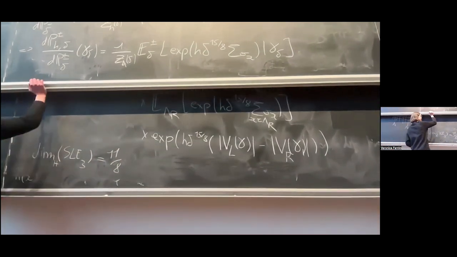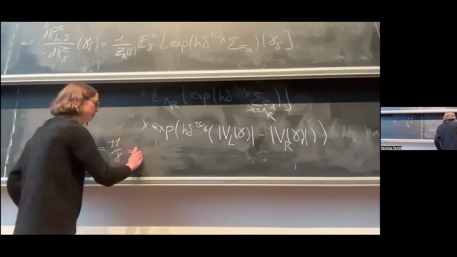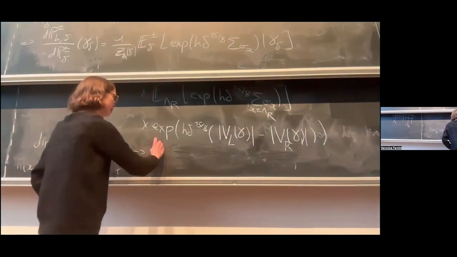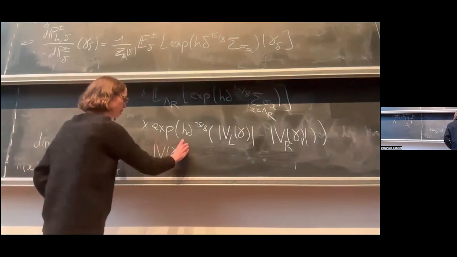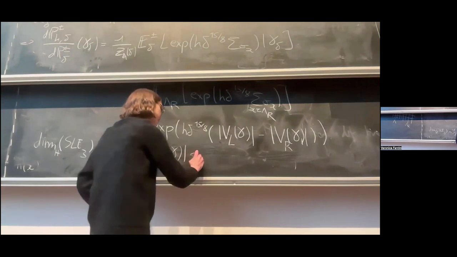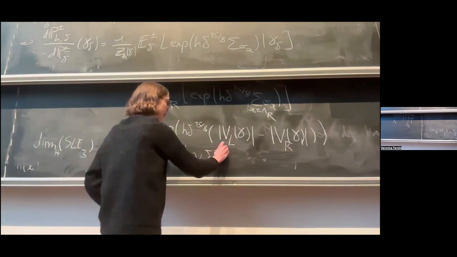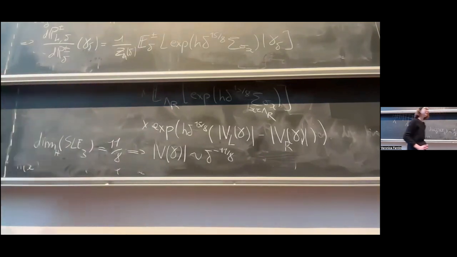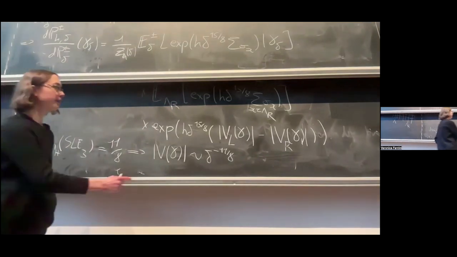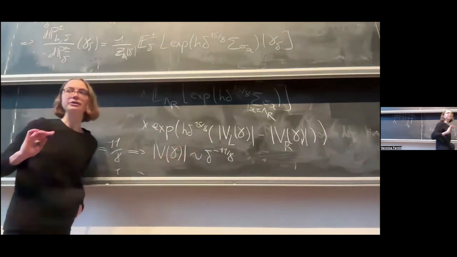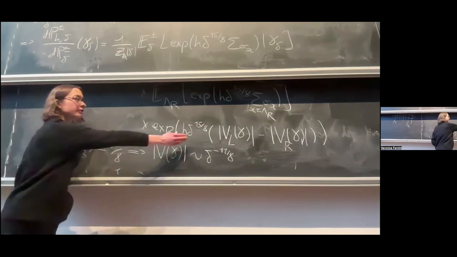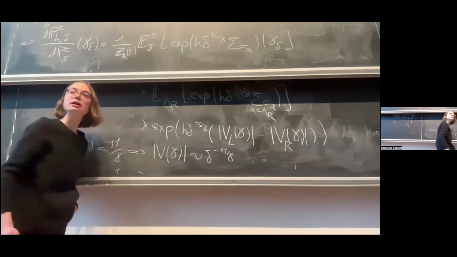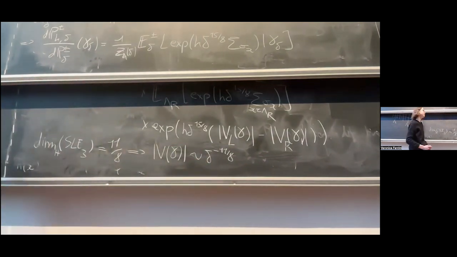You have to work a bit more, but it indicates that if you look at the total number of vertices along gamma, it's going to scale like delta to the minus 1/8. And okay, maybe you will have some correction. But this tells you that this term is just going to vanish in the limit because this delta to the 15/8 is going to kill this divergence of delta to the minus 1/8.